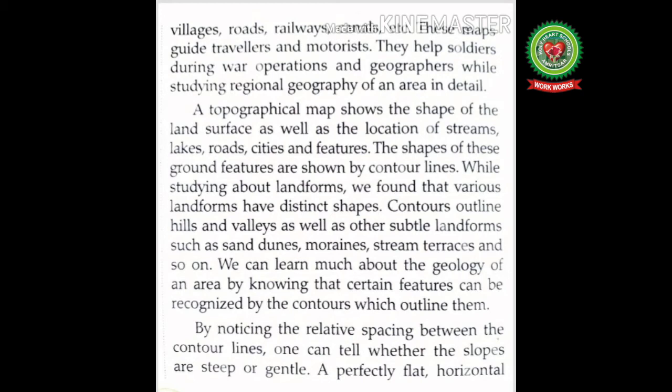A topographical map shows the shape of the land surface as well as the location of streams, lakes, roads, cities, and features. The shapes of these ground features are shown by contour lines. While studying about landforms, we found that various landforms have distinct shapes.